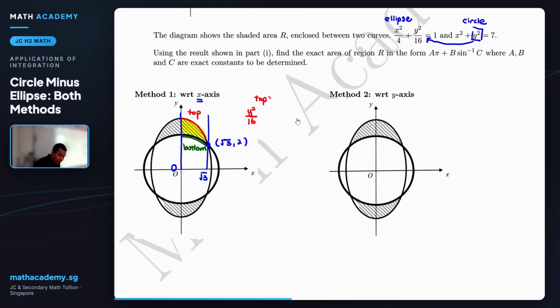Okay, so y squared over 16 is 1 minus x squared over 4. We make y the subject. y will then be plus and minus square root.